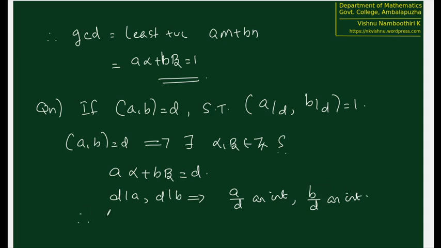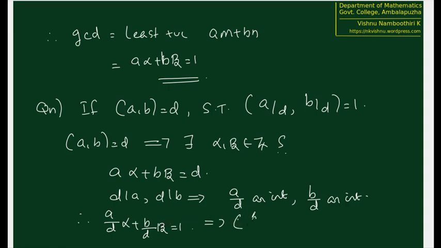So there is no problem in writing A by D alpha plus B by D beta equal to 1. But A by D alpha plus B by D beta is equal to 1, as in the previous problem, implies that the GCD of A by D and B by D is the least possible positive linear combination of A by D and B by D. We already got the least possible number, that is 1.